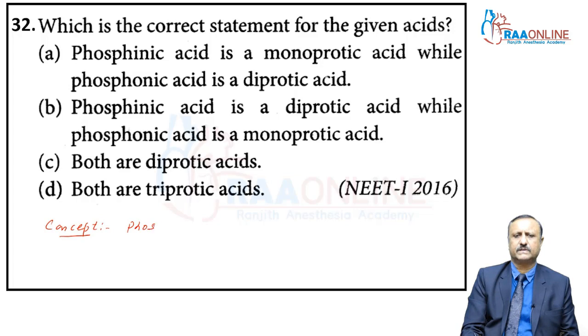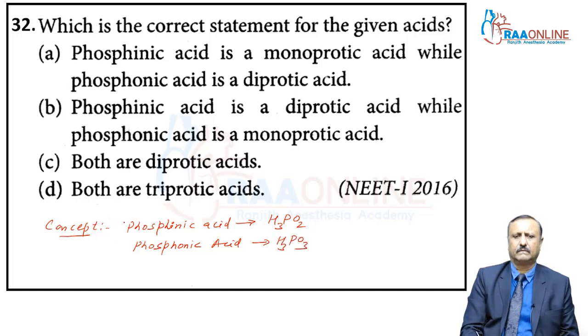Phosphinic acid is H3PO2, and phosphonic acid has one more oxygen atom, that is H3PO3.